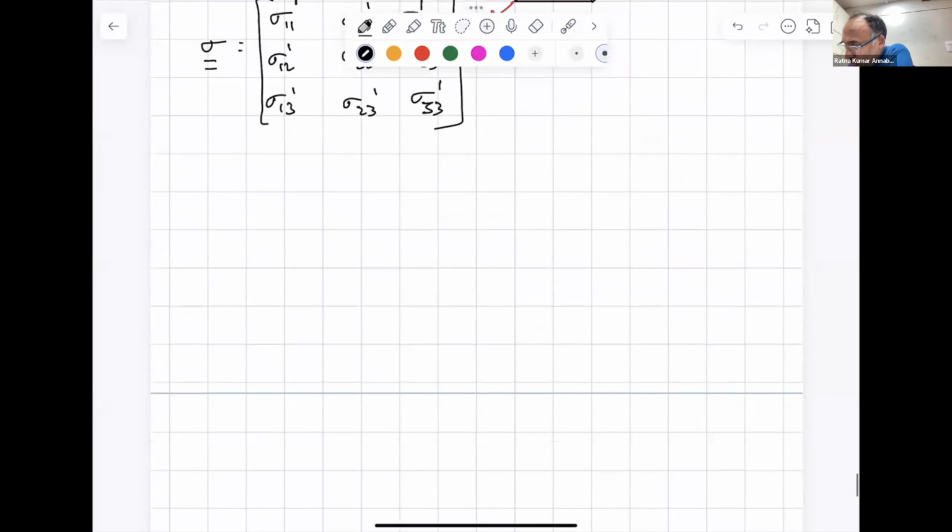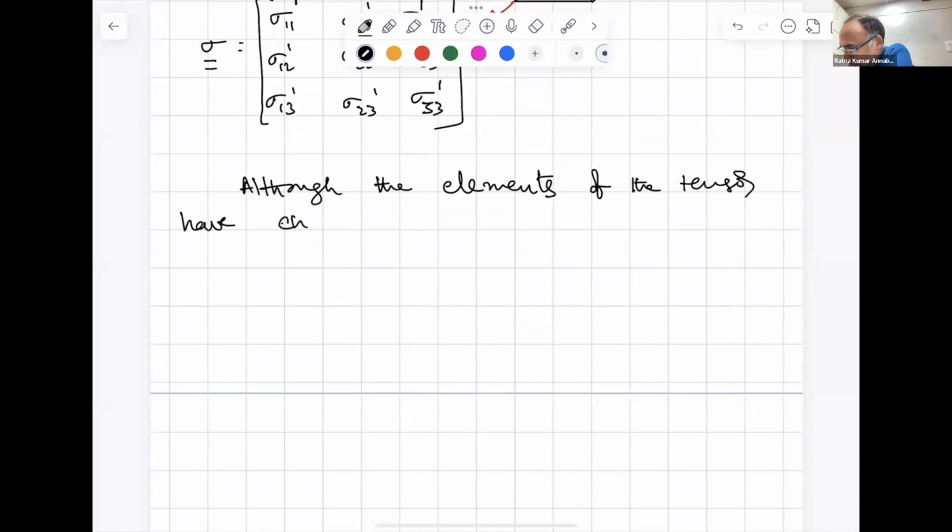But although the elements of the tensor have changed, there will be some invariants, meaning that do not change.